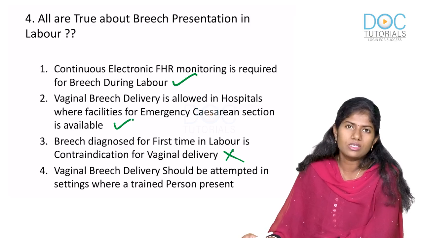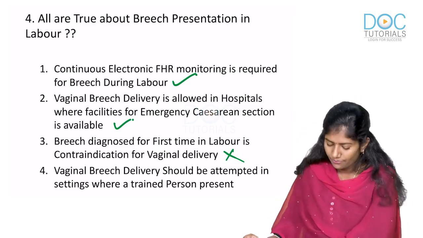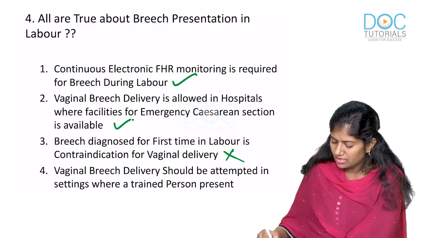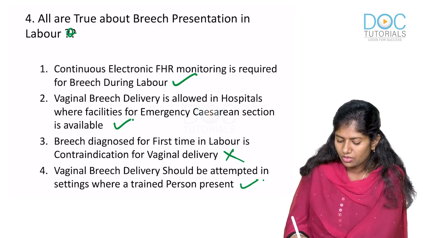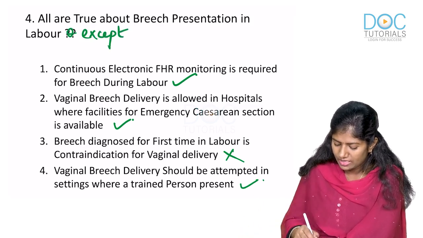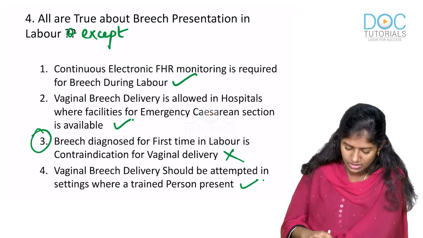You can still proceed for assisted breech delivery. In the list of contraindications for ABD, we don't have this point at all. Vaginal breech delivery should be attempted in settings where a trained person is present. That's again correct. So, this is the false statement. All others are true statements.